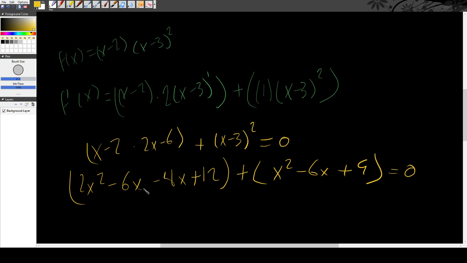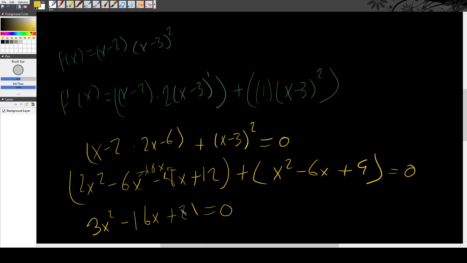So at this point, if you decide to go this route, you're really just going to be foiling it out and trying to get it in a different form. Minus 16x, because this becomes negative 10x plus negative 6x. And then 12 and 9 is 21. So there, that equals 0.